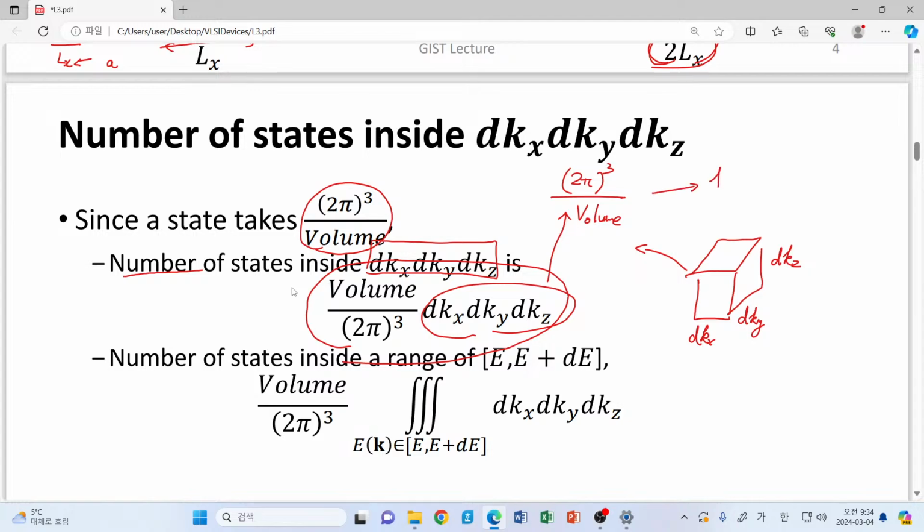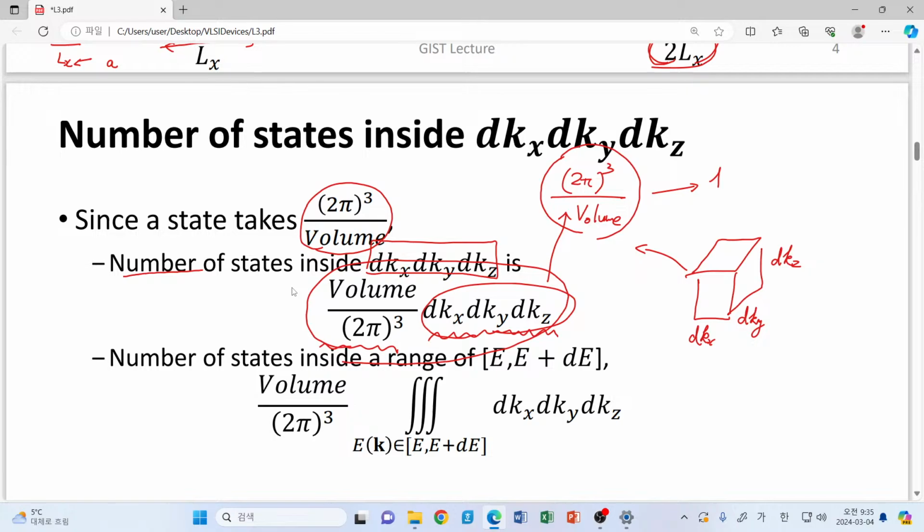Simply speaking, if we have the smallest volume we can imagine, then it will give us only one electronic state inside our k-space. And if our considered volume is larger than that, then we have to normalize it, and that will give you a certain number of how many states there are.